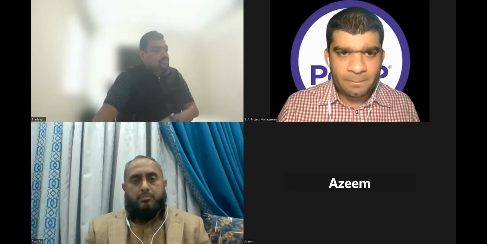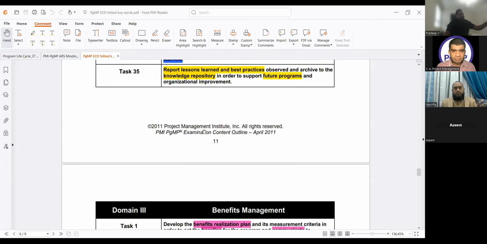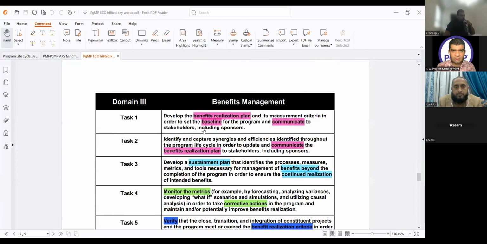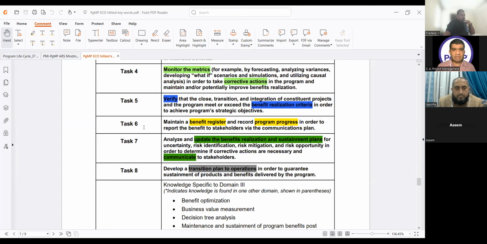We have this item in the ECO. Mr. Azim, read task 6. Task 6 is: maintain a benefit register and record program progress in order to report the benefits to stakeholders by the communication plan.